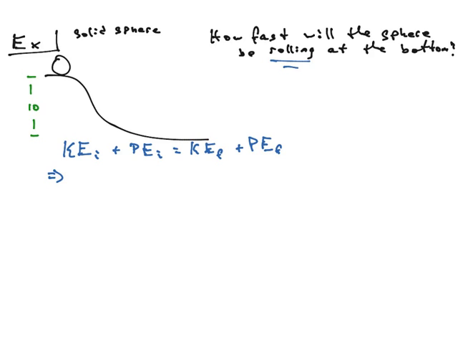There's a linear and a rotational. So I put them in. Kinetic energy linear, 1/2 mv squared. Initial. Kinetic energy rotational, 1/2 I omega initial squared. So those are my kinetic energies.